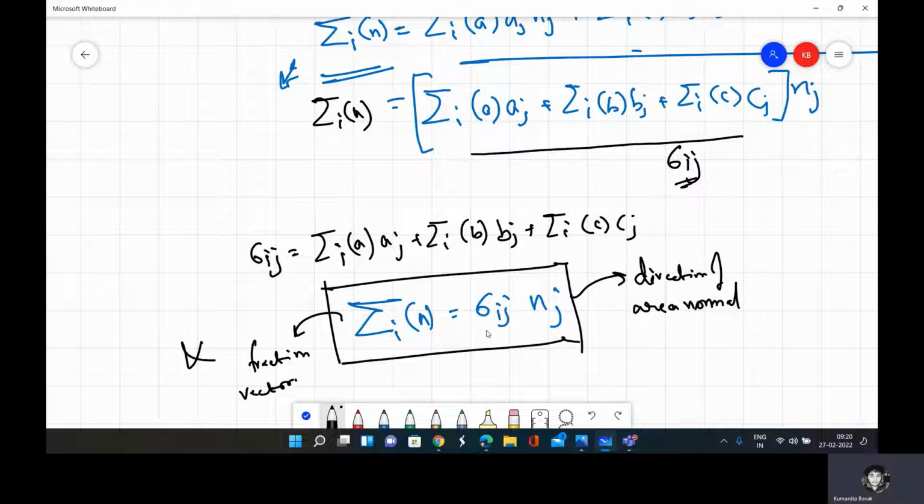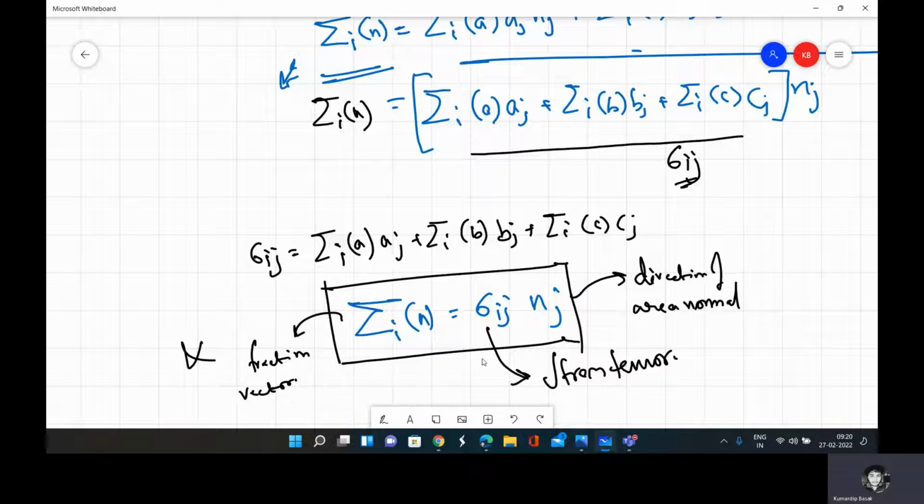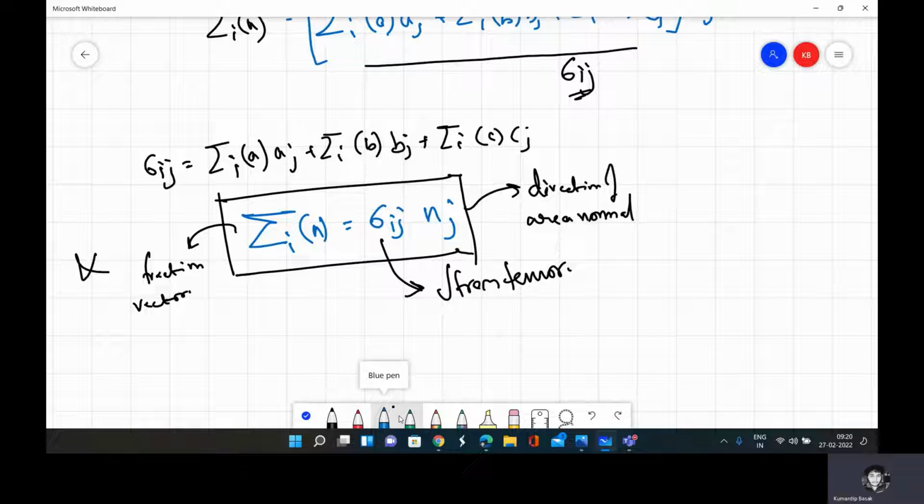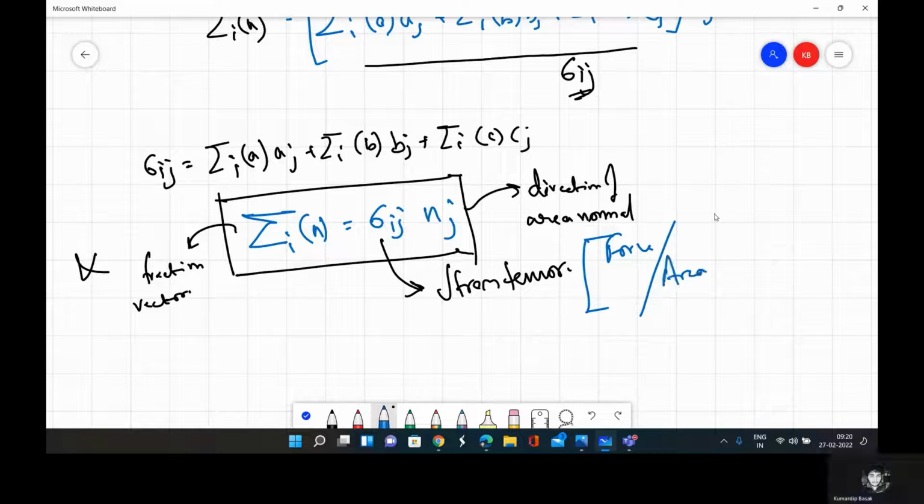So what is the quantity that is multiplying there? This is the stress tensor, which has the information of the direction of force acting on the area with area normal n.